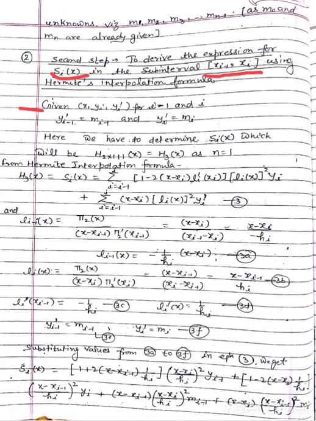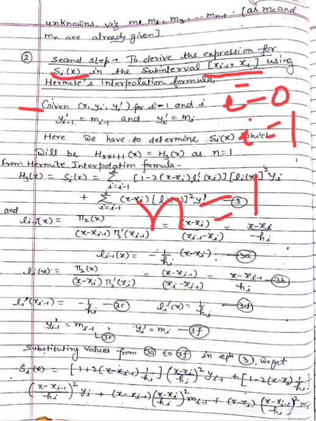These values are already given. Now we will use Hermite interpolation formula. As two values are given, i equals to 0 up to i equals to 1 values we have, so we will use n equals to 1.